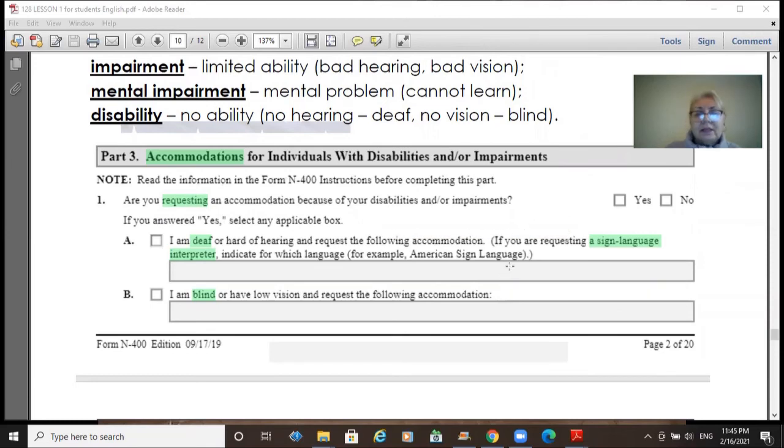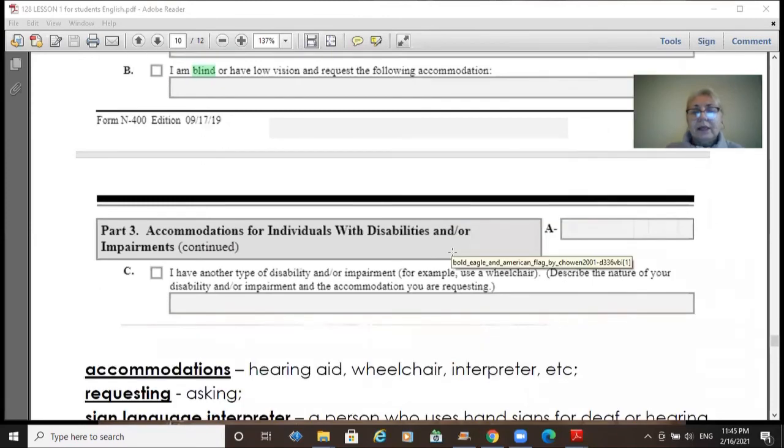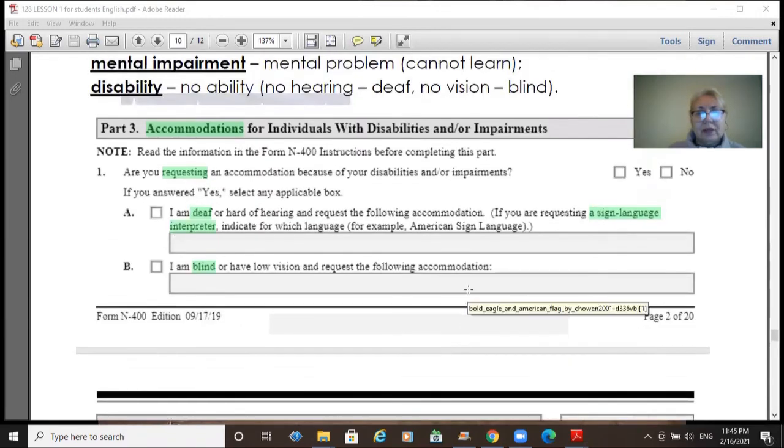So these accommodations include wheelchairs, hearing aids for people who cannot hear, sign language interpreters, a walker. So any device or any other person that you're going to bring to the interview needs to be disclosed or documented in part number 3.